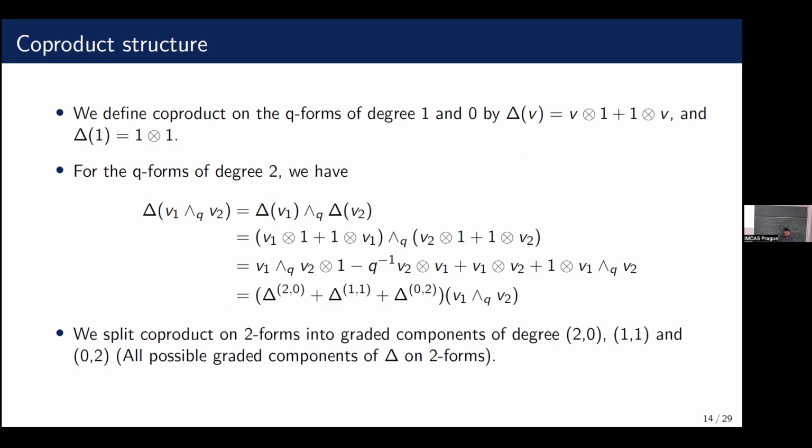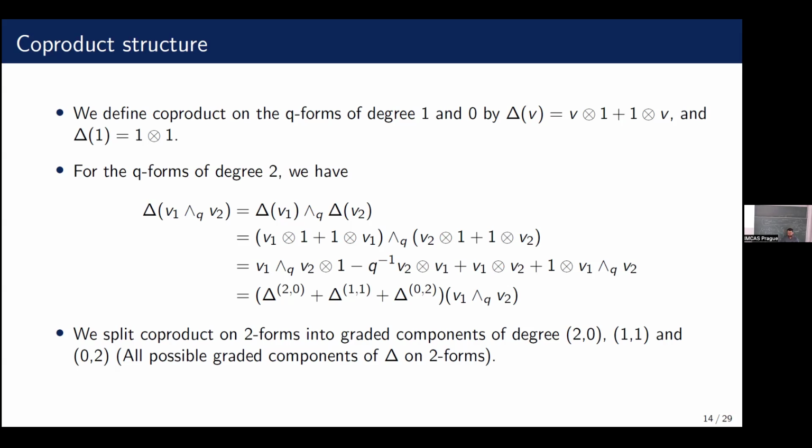So what you have, you actually split your coproduct into various levels, or you are basically grading your coproduct. So for the level of degree 2, we have three possibilities: (2,0), (1,1), and (0,2). (2,0) is the first one, you can see, and (1,1) is the middle two terms, and the (0,2) is the third one.